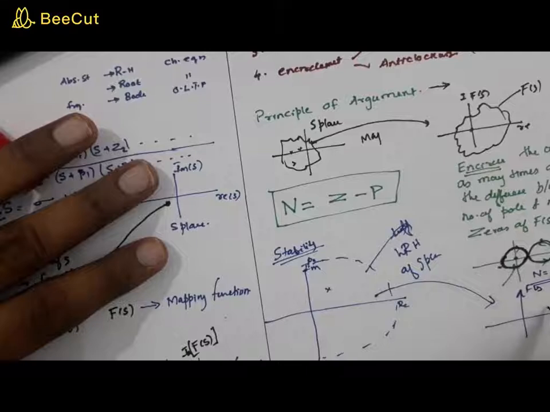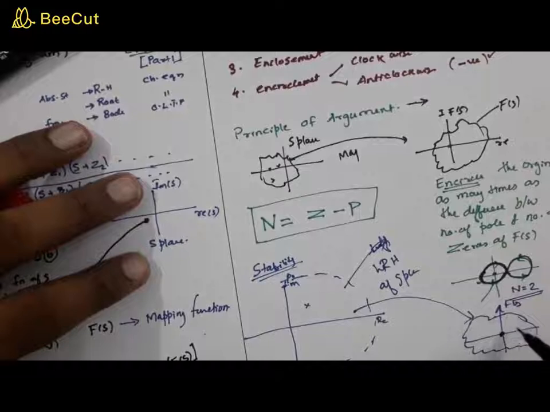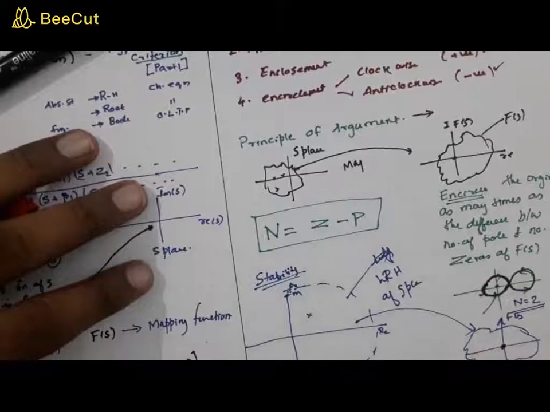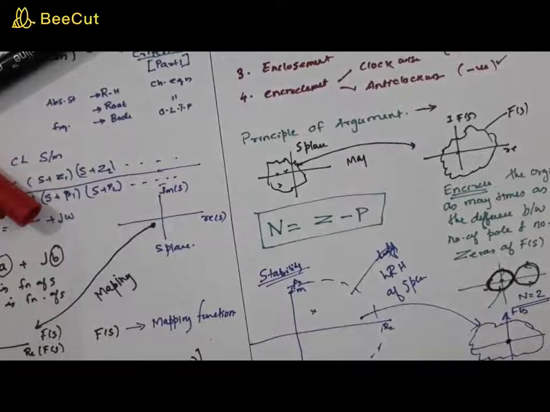You are going to get another contour as per the principle of argument, and that contour will be encircling the origin, depending on the difference between the number of poles and the number of zeros. Based on the number of encirclements, you can dictate something called the Nyquist stability criterion.